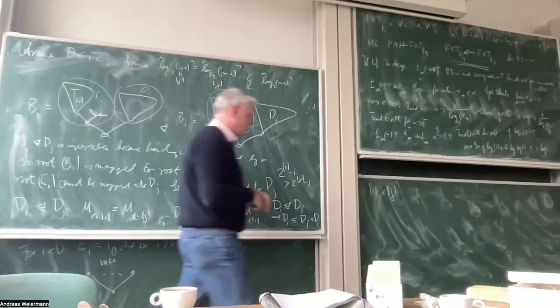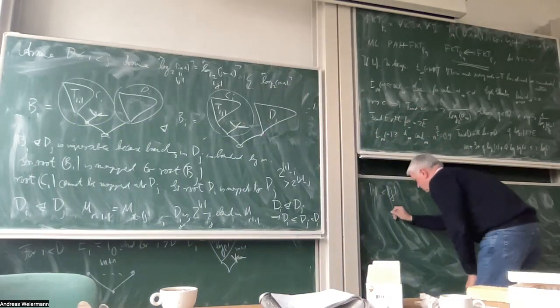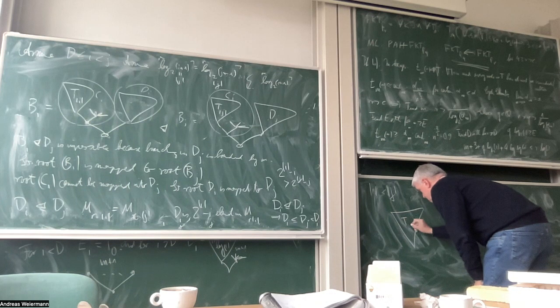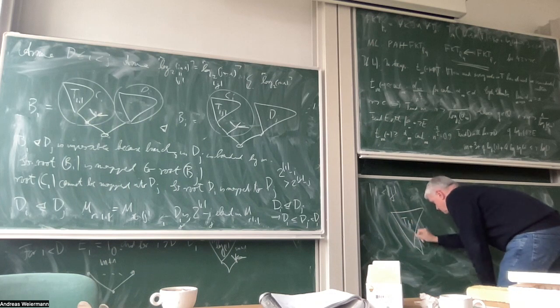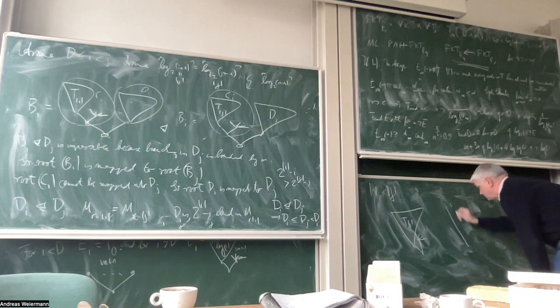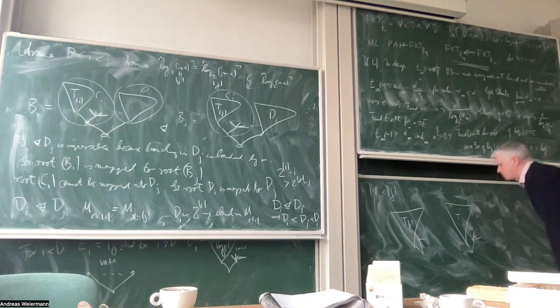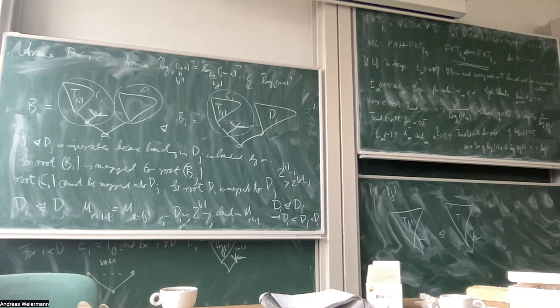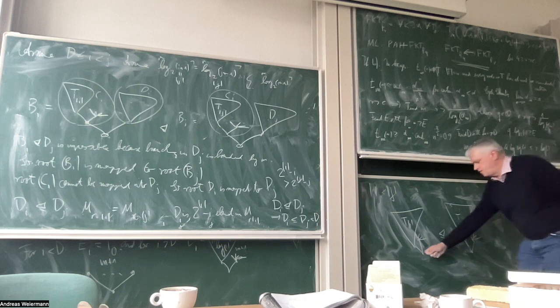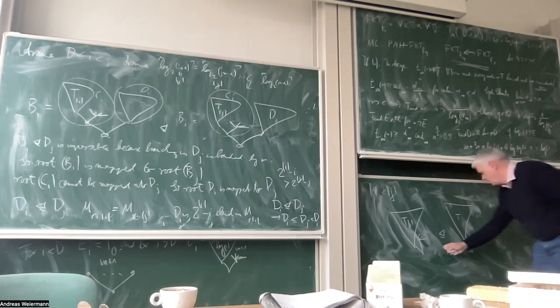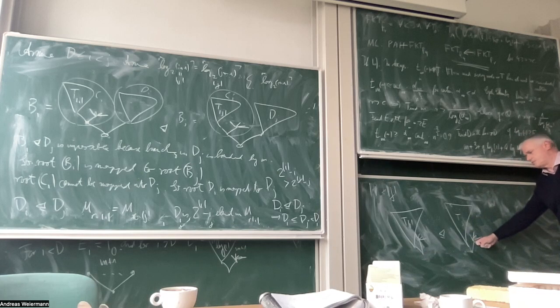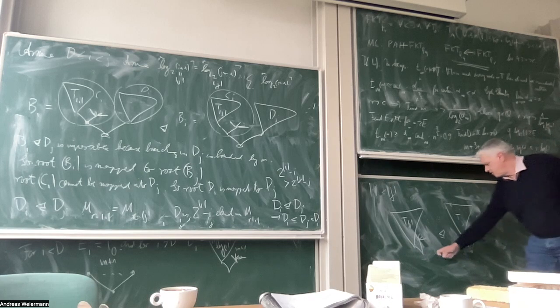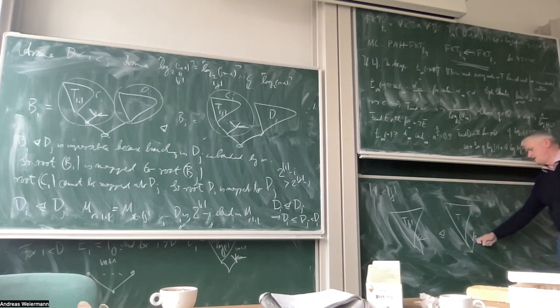Okay, so let us consider the situation. This is going to happen. Now, can the root here be moved into this immediate subtree? This is impossible because here the height is at least 2, and here the height is 1.